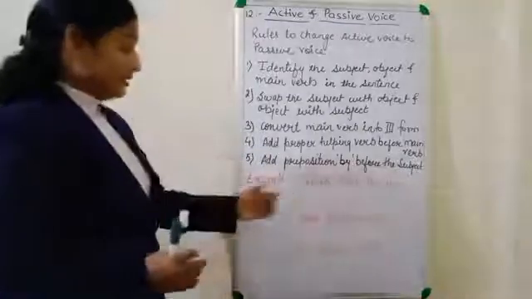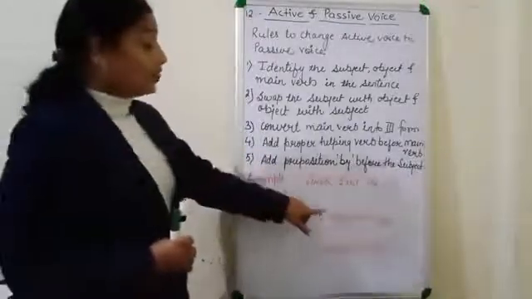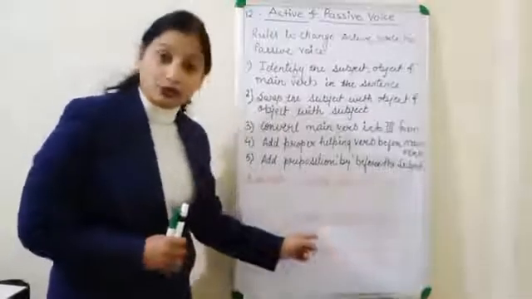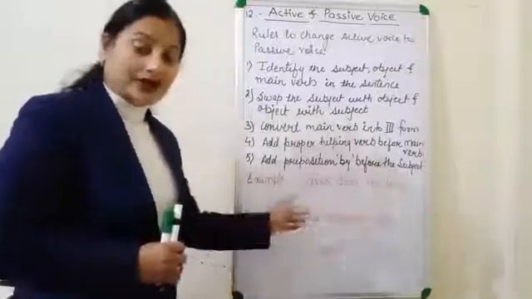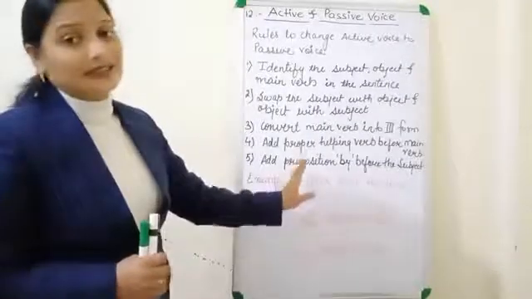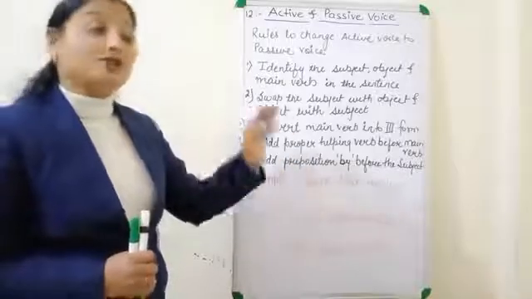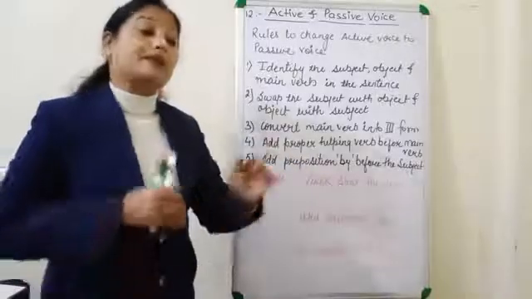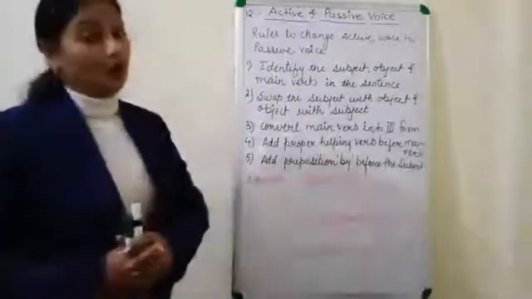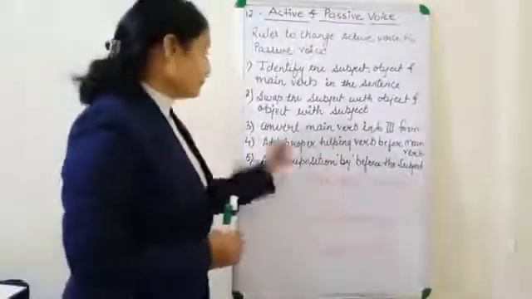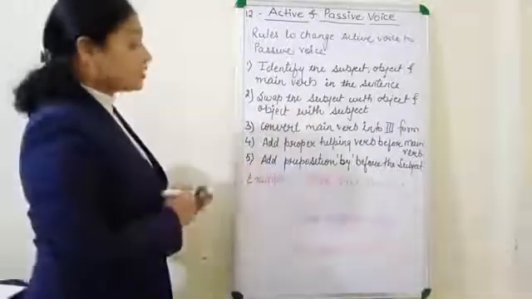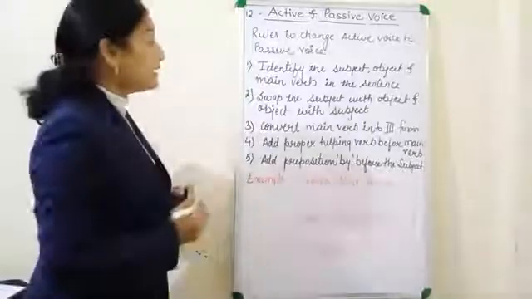See one more. Atul informed me. Once again, the action is done by Atul, and here we are giving importance to Atul. So this is your subject and this is your active voice. So the meaning is, once again, when the subject performs the action and which is received by the object. Now, rule number 1, identify the subject, object and the main verb.